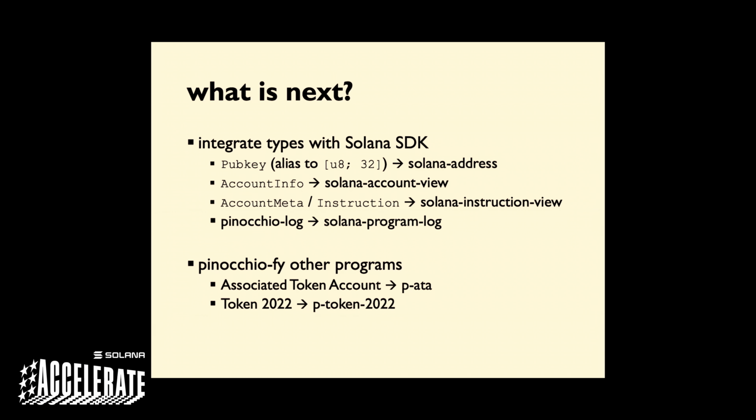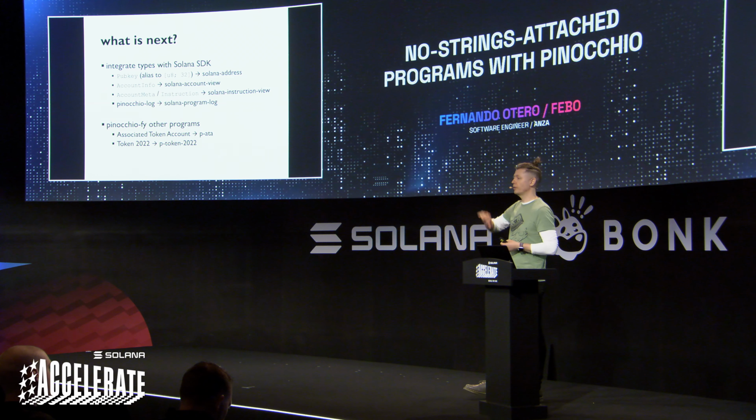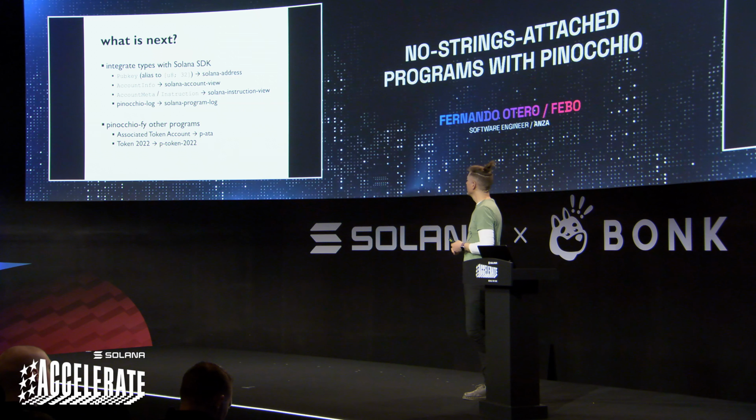So what is next now? We are currently working on integrating these new types into the Solana SDK. So it's going to make it easier for you to write code that, for instance, you need to use in an off-chain client and on your program. So you're going to see some new crates on the SDK coming up, which is going to include these types from Pinocchio.